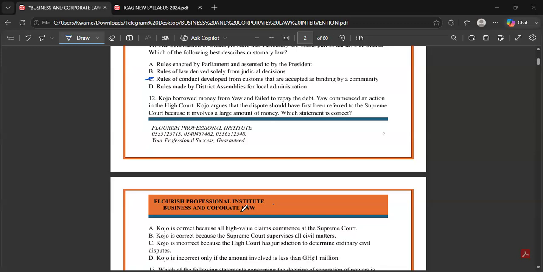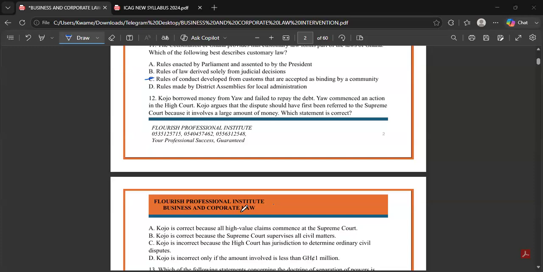A. Ojo is correct because all high-value claims commence at the Supreme Court. B. Ojo is correct because the Supreme Court supervises all civil matters. C. Ojo is incorrect because the High Court has jurisdiction to determine ordinary civil disputes.